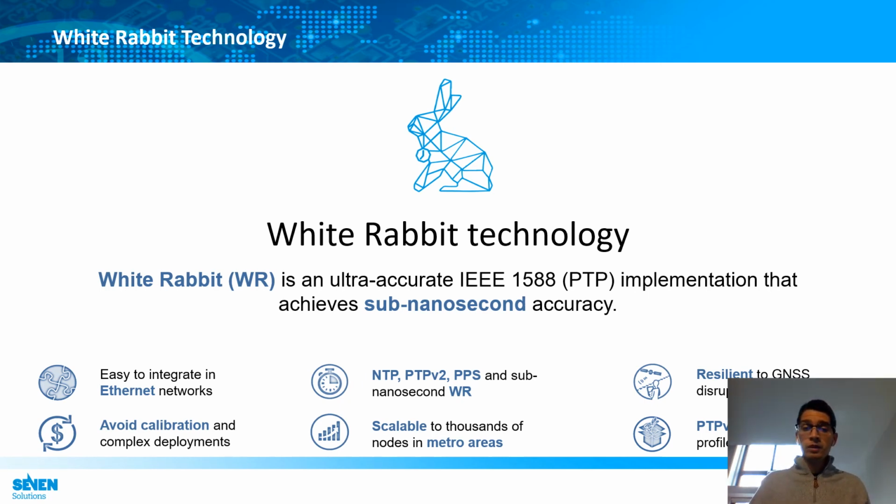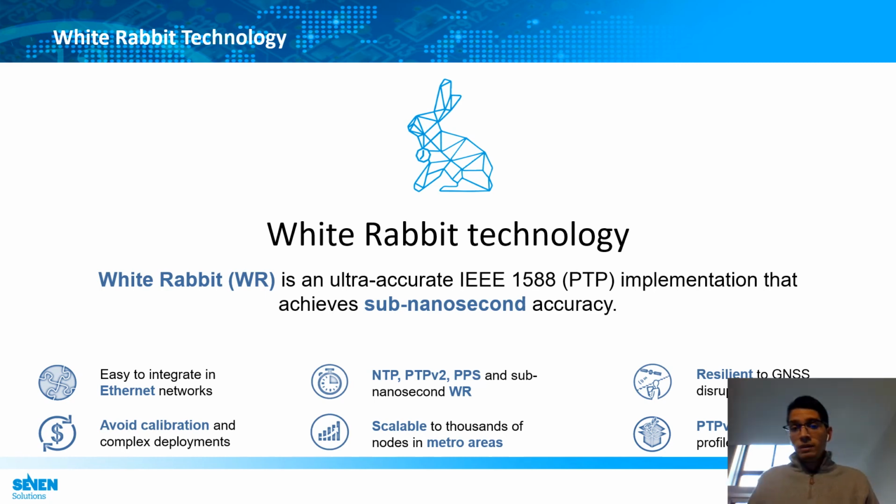It's integrable in Ethernet networks, interoperable with NTP, PTP, and PPS that are also used in trading. It's resilient to GNSS disruption because we are just distributing the time reference using fiber. It avoids calibration in local area scenarios, which is quite important. It's a plug-and-play technology that achieves this nanosecond accuracy and can also scale to metro areas or even intermetro areas with thousands of nodes.